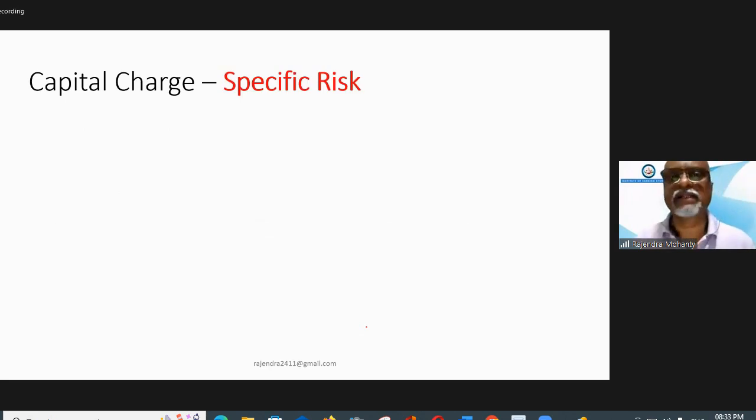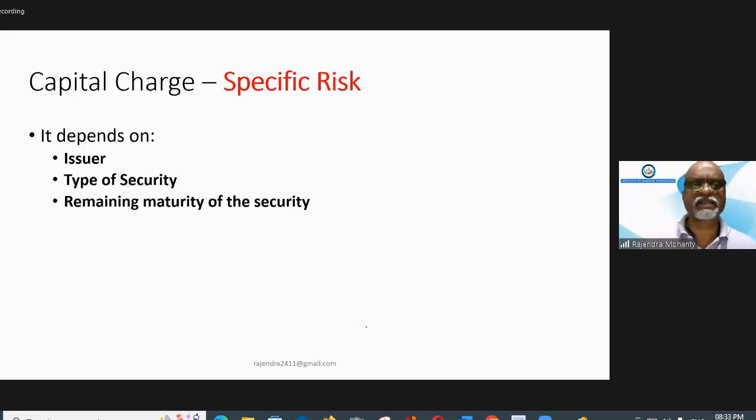Now, capital charge for specific risk. General market risk, according to movement, is measured according to the sensitivity method or volatility method, whatever you calculate, and then we cover that. But the capital charge for specific risk, as I already told you, depends on the issuer, because we are talking about the specific issuer who has issued the security which the bank has invested in.